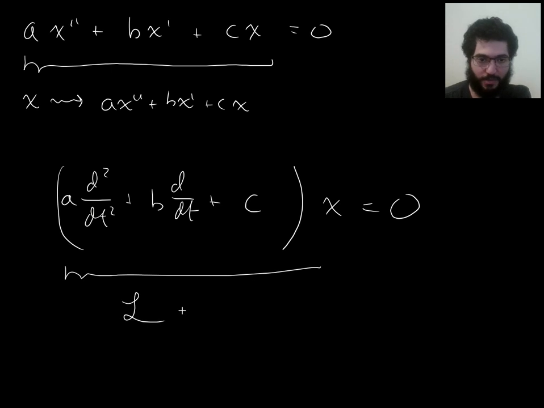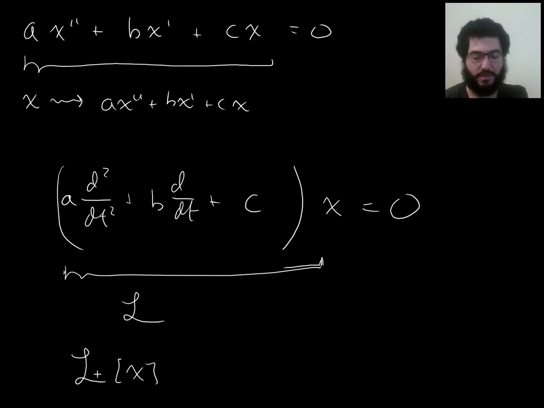So let's call this here L. L is a thing, it's not exactly a function in the traditional sense, like x of t is a function. L is sort of like an operation that eats functions, and it does stuff to functions. So when you apply L to the function x, you want to get 0. You're trying to find x's that solve Lx equals 0.